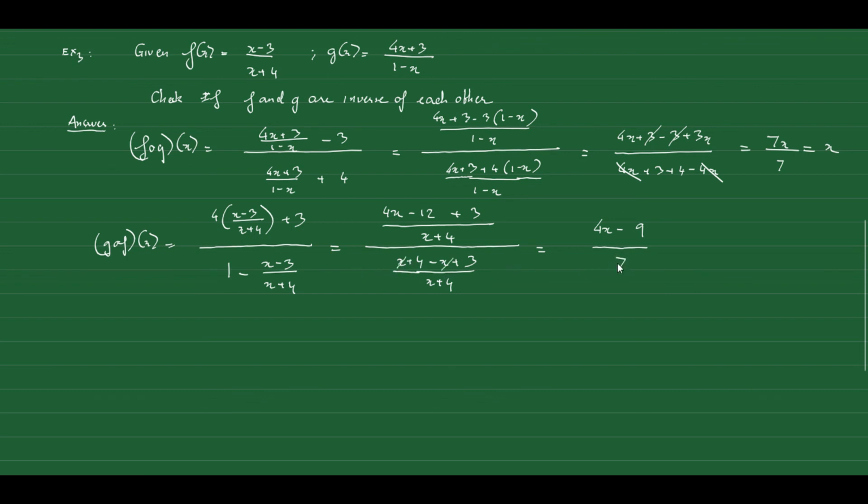7. So you see that example 3, I'm sorry, example 3 is not a one-to-one function, because when you compose it, let me check one more time, because I think I have some careless mistake over here.